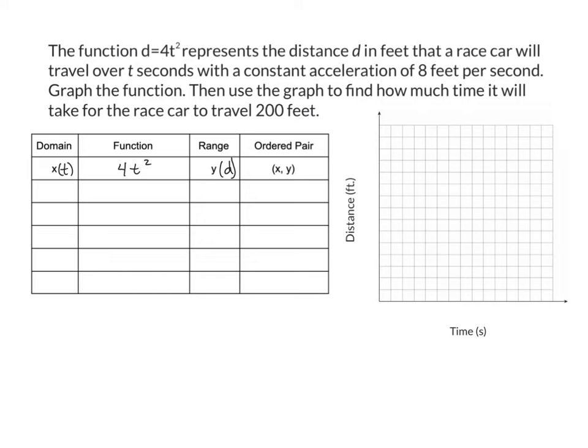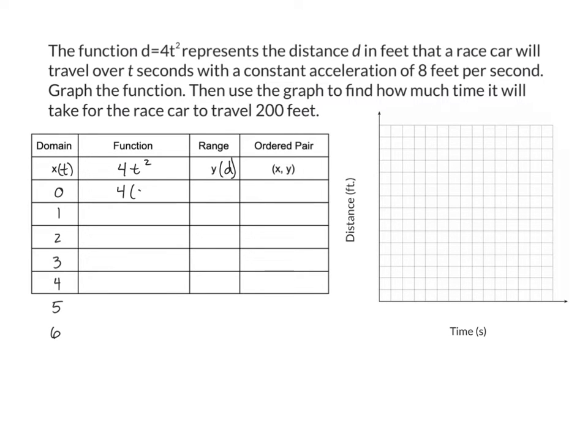For this type of problem, we can't have a negative distance. For the domain and the range, we can't have negative time either. I'm going to use positive values, starting with 0, 1, 2, 3, 4, and then I might just add on a 5 and a 6, and then substitute in t into the function.